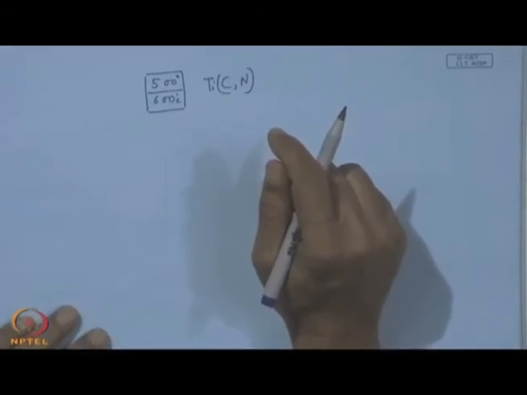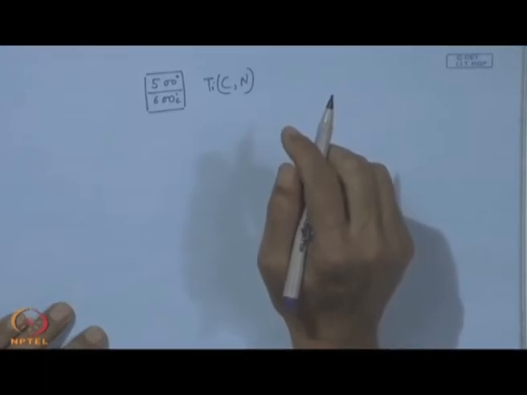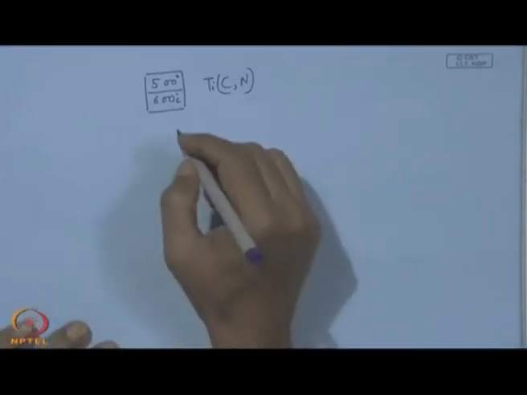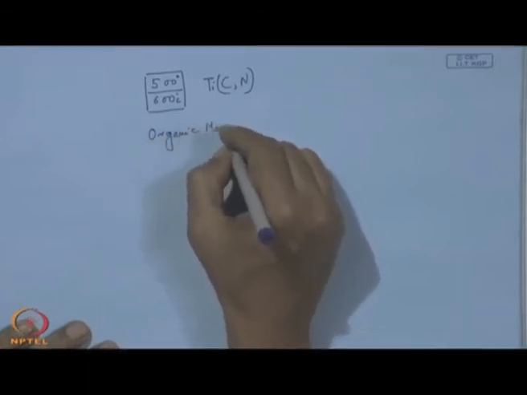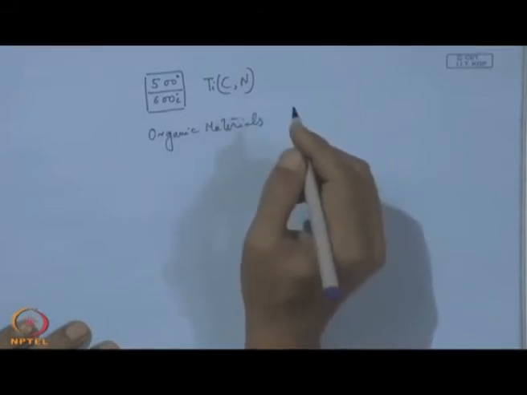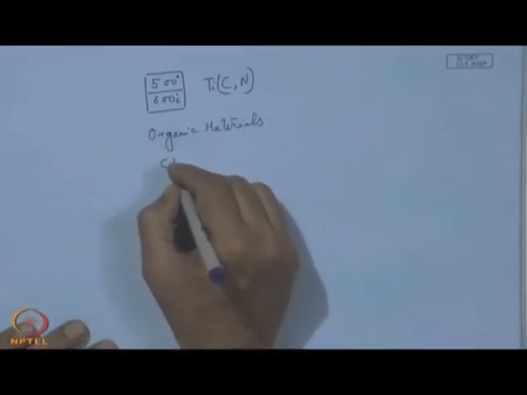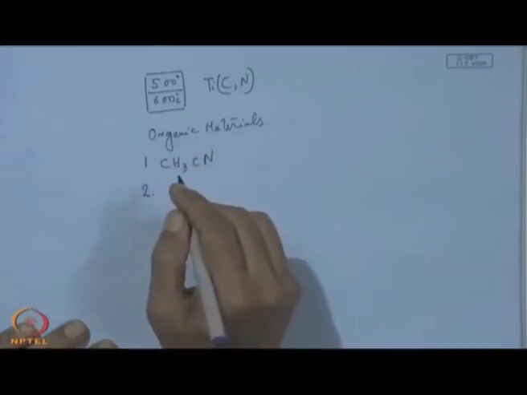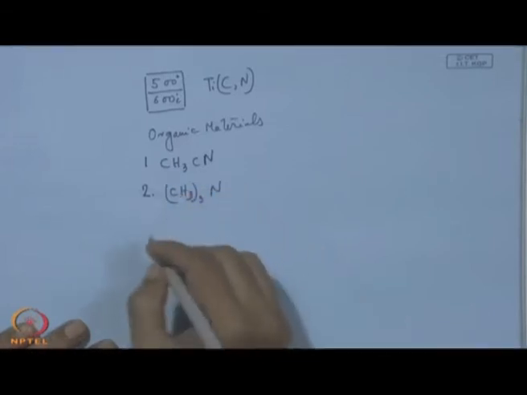Now, what is this moderate temperature CVD? The key factor behind this moderate temperature CVD is the source material for carbon and nitrogen. These are actually organic materials for C and N. That means, this acetonitrile number 1, CH3CN, number 2 trimethylamine, this is CH3 trimethylamine.